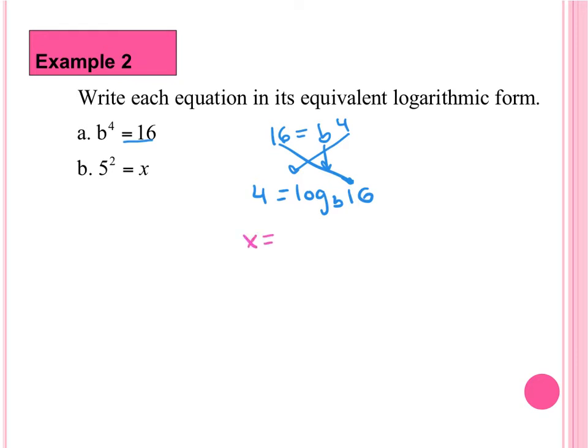I want to write our x first, so I have x is equal to 5 squared. So I know 5 is what's going to go with the log in the middle. So log base 5. The 2 goes out front, and the x goes at the back. So 2 is equal to log base 5 of x.